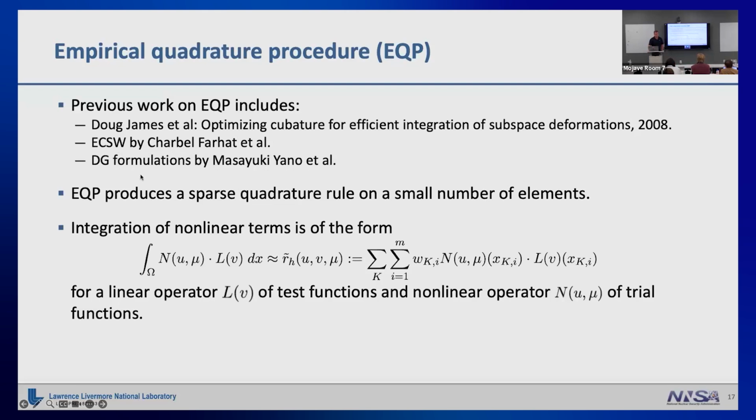And we get a sparse quadrature rule as in the NURBS case, but now we're setting up constraints that say we want to integrate some nonlinear weak form like this, where we have a nonlinear operator of the trial function times some linear operator on the test function.